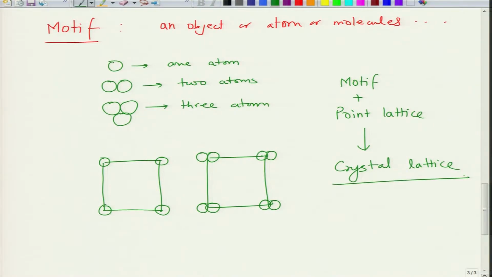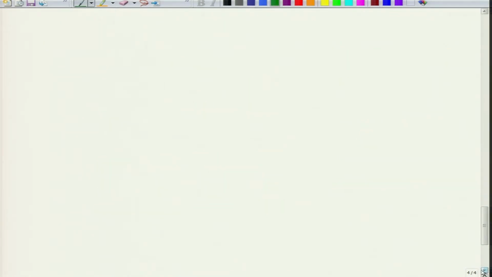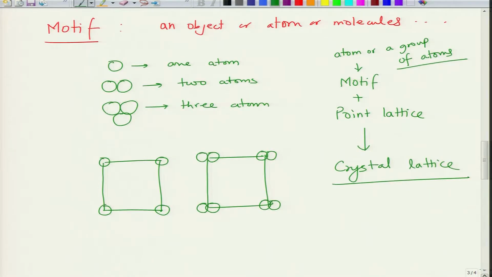A crystal lattice is nothing but a combination of point lattice and motif, which in the case of solids is nothing but an atom or a group of atoms.